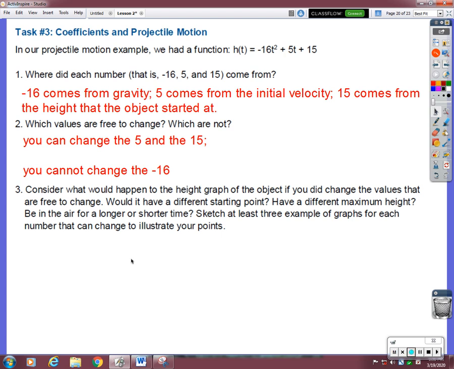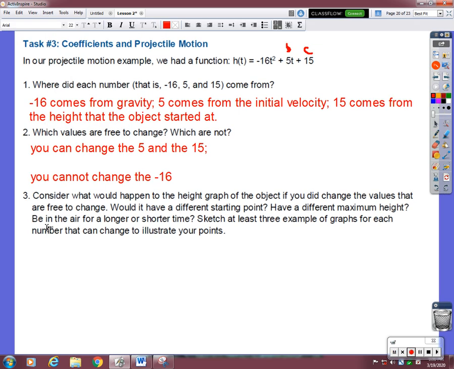Okay, consider what would happen to the height of the object if you did change the values that are free to change. Would it have a different starting point? So let's call this value right here, to be consistent with what we were talking about before, this one is B, and this one is C. Okay, so if you change C, you will change the starting height.